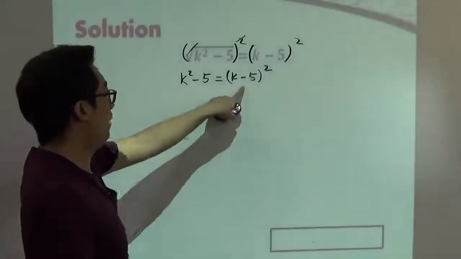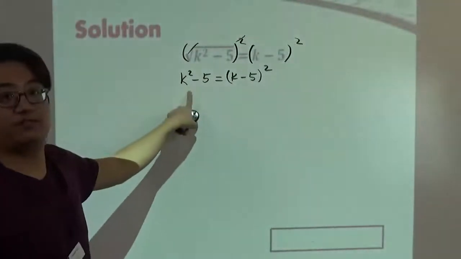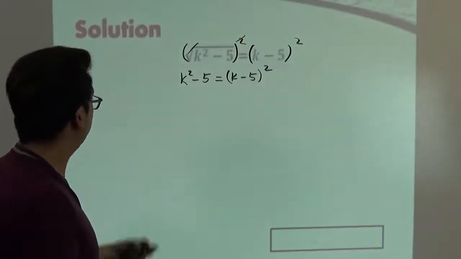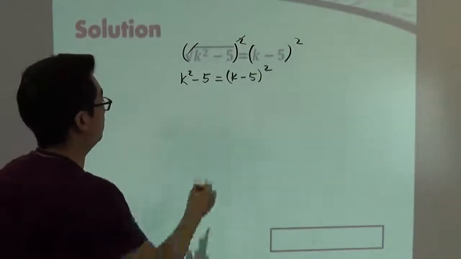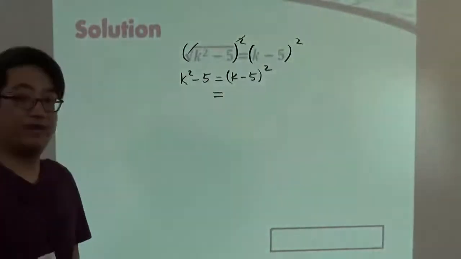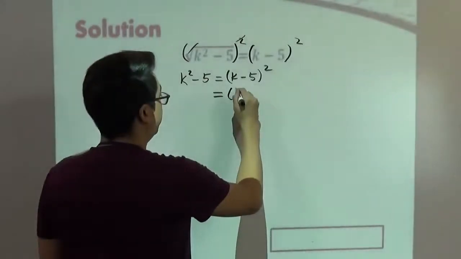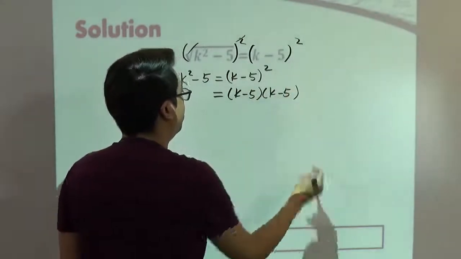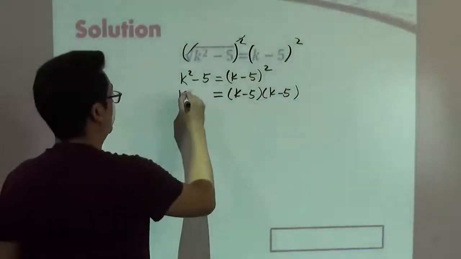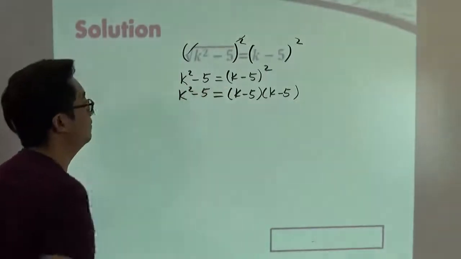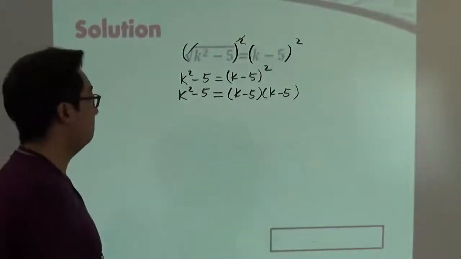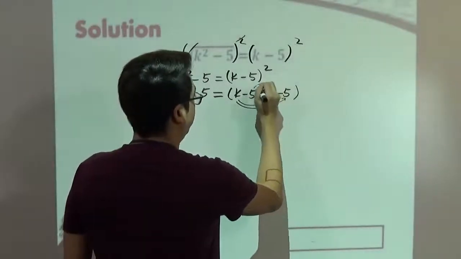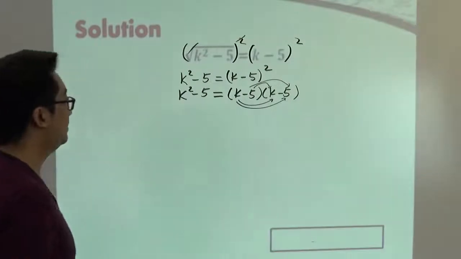So instead of squaring this, let's look at this left side first, right? So k squared minus 5, in this case, we can't really do anything. So let's check the right side and rewrite k minus 5 squared as k minus 5 times k minus 5. And the left side stays as k squared minus 5. So the right side, we FOIL again. Let's do our arrows: first, outer, inside, and last.